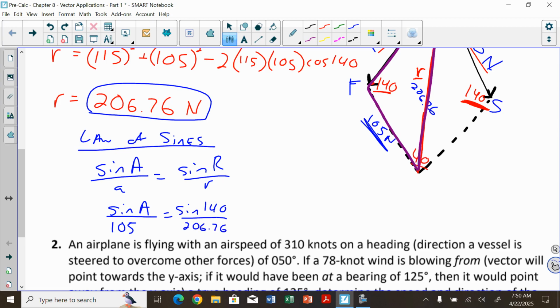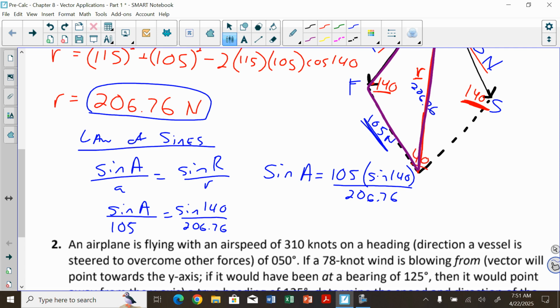Okay, so now when I cross multiply and solve, basically you're going to end up with sine of A, just speeding through some things after you cross multiply and solve, it's going to be 105 times the sine of 140, and we're going to divide that by 206.76.